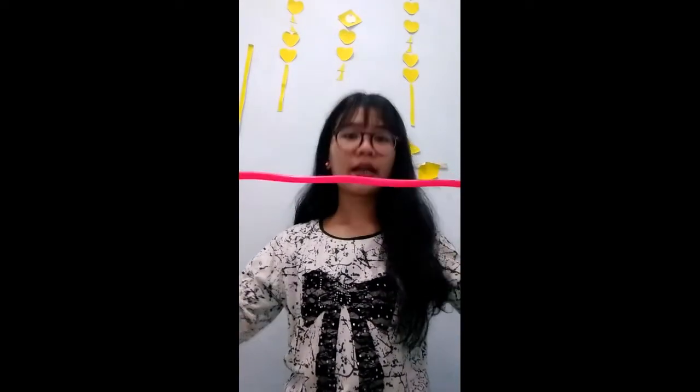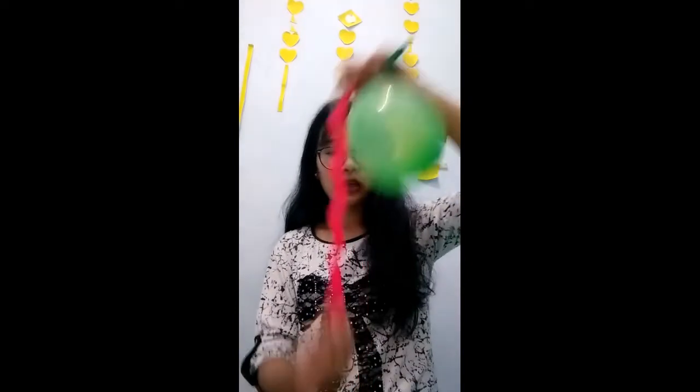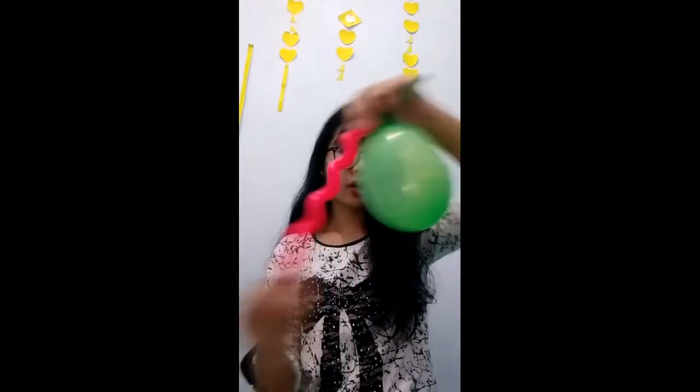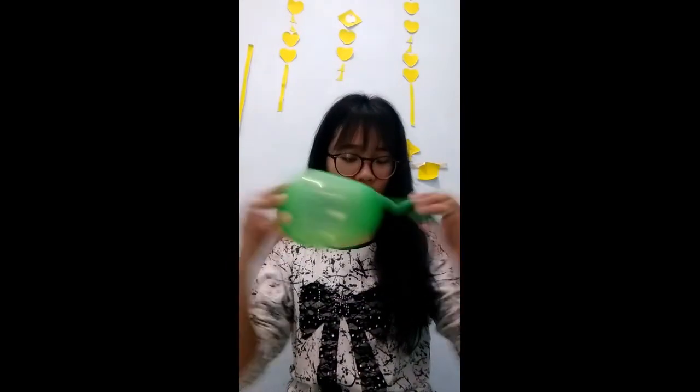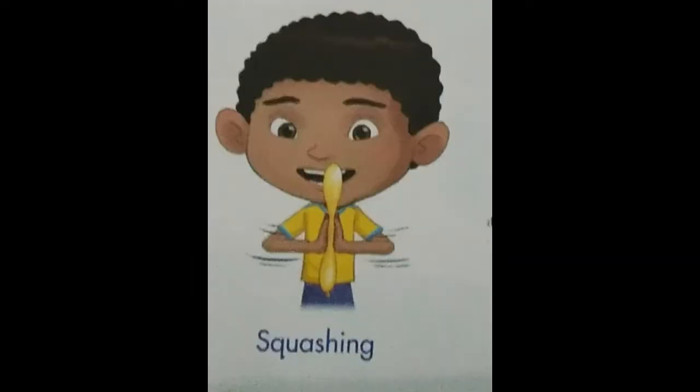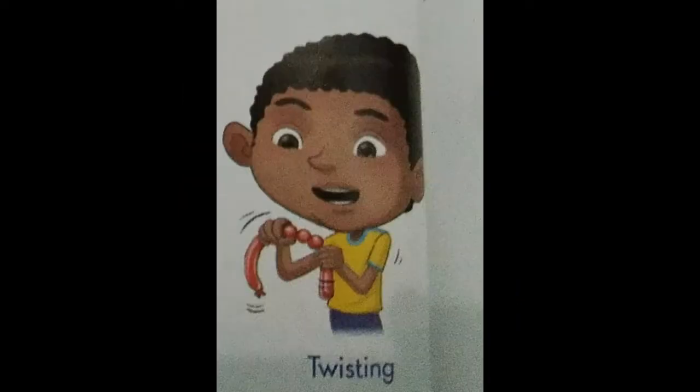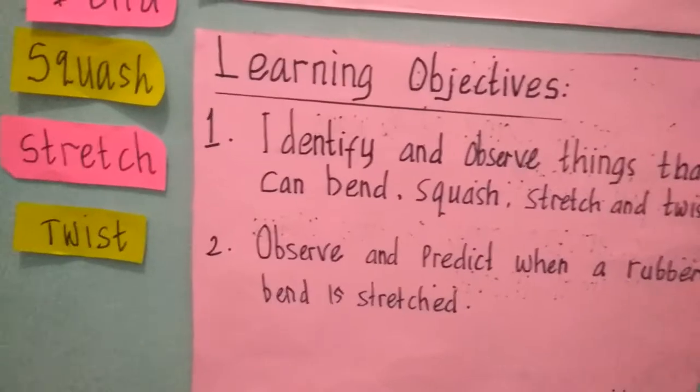Look, when I stretch it, it gets longer or wider. So this balloon can be bent and stretched. Have a look at the pictures. Look at the shape of the balloon. Do they look the same?